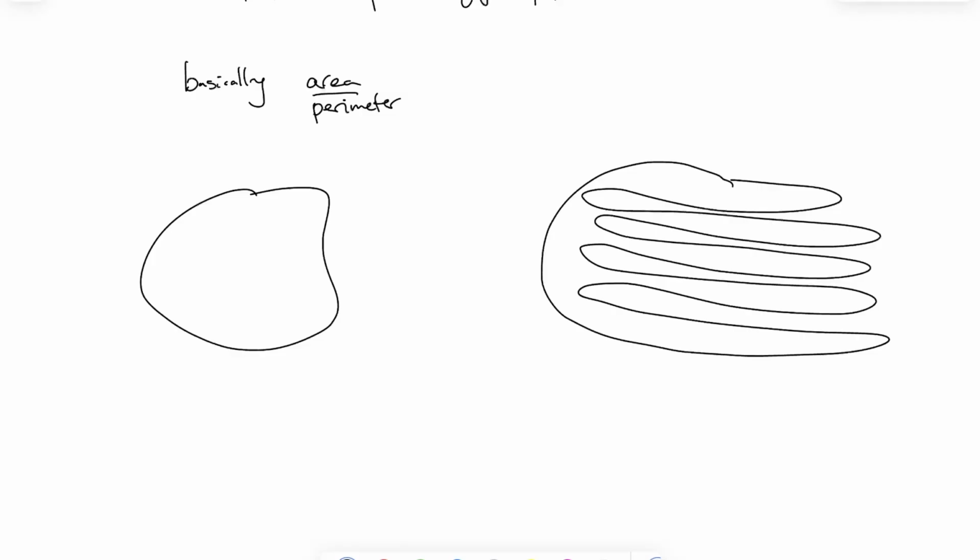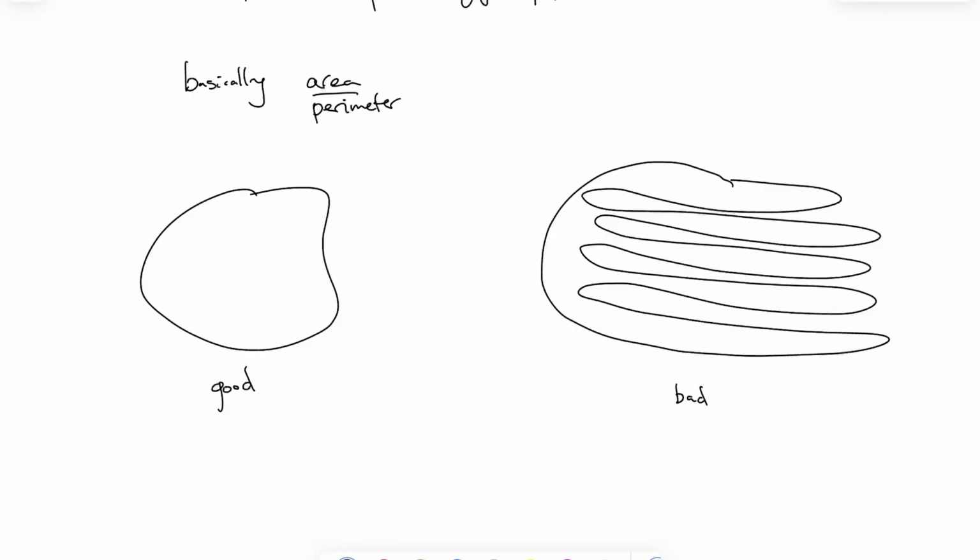That's how I'm trying to draw these. I actually don't know if these have the same area or not, but I'm trying to draw a shape which has basically the same area as that, but a much bigger perimeter. This would be regarded as a bad shape. This is a good shape.